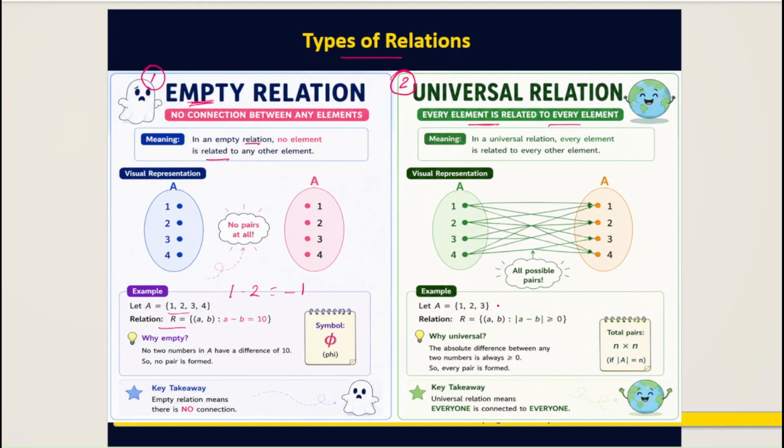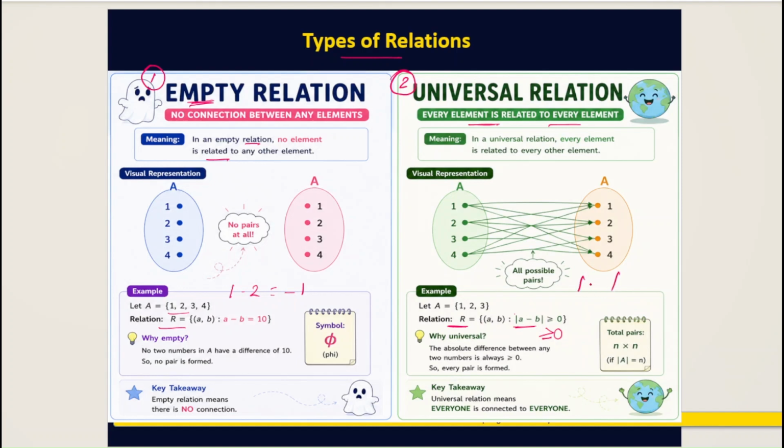A is {1, 2, 3}. The relation that we have here is (a, b) with the condition that the absolute value of a minus b is either greater than 0 or equal to 0. These are known as absolute brackets.